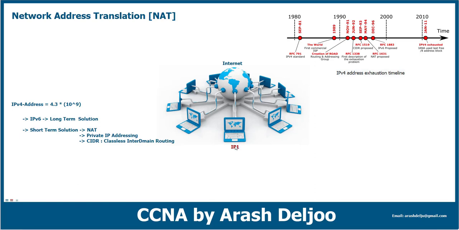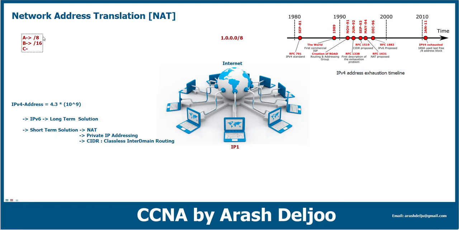For example, assume that here we have one company, this is our company, and in our company we are using the range 10.0.0.0/8. You know that we are using classful networks. In classful networks, in class A, we are using 8 bits for the network and 24 bits for the host. In class B, we are using 16 bits for the network and 16 bits for the host.